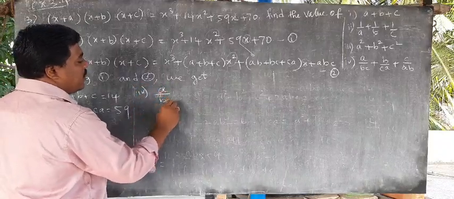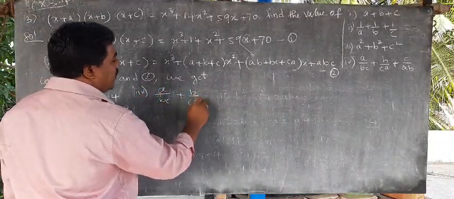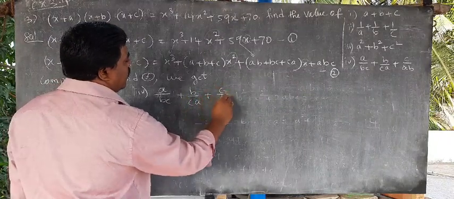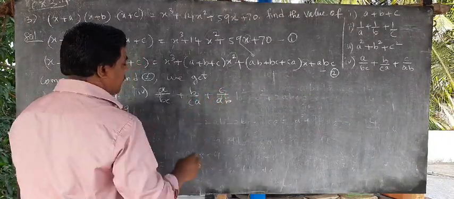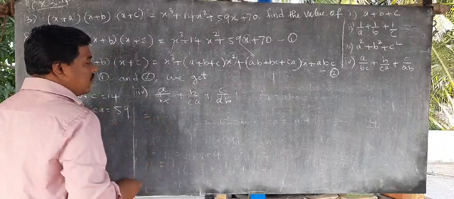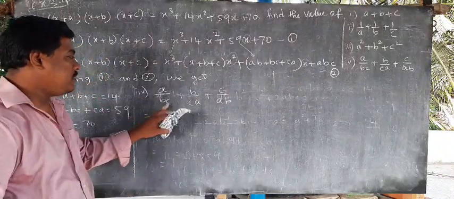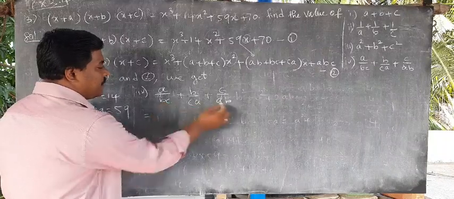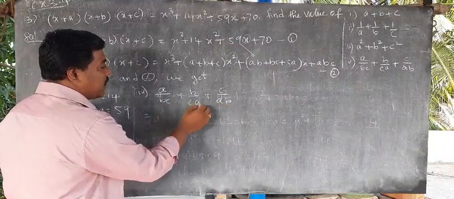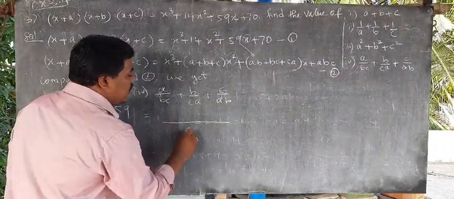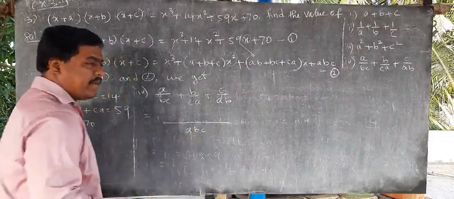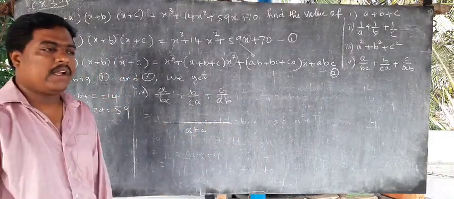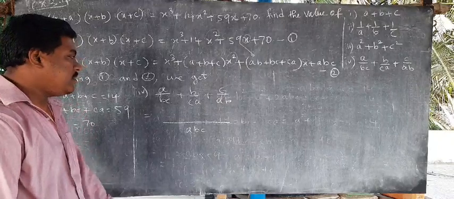A by BC, B by CA plus C by AB. So this equals BC, CA, AB. So 2 times B, 2 times C, 2 times A. So each time we have to take 1 time. ABC is the LCM. The common LCM, the least common multiple, is ABC only.